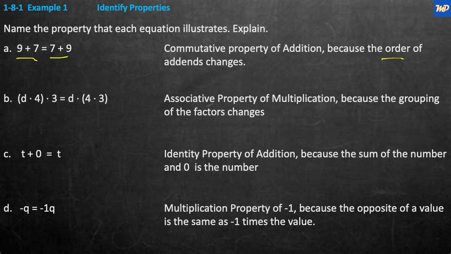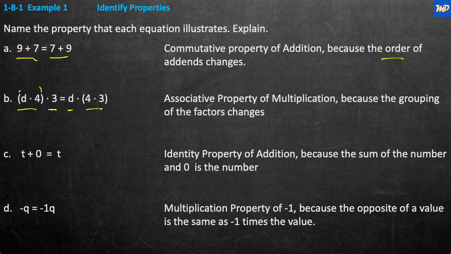Okay. How about d times 4 times 3 is equal to d times 4 times 3. So we regrouped, right? It's multiplication. They're all being multiplied. So we can multiply them in any order we choose. And here they're being grouped. In the first half, they're being grouped with the d times 4, and then that is multiplied by 3.